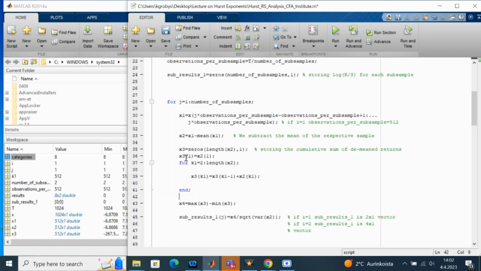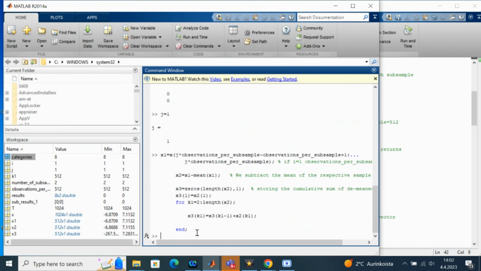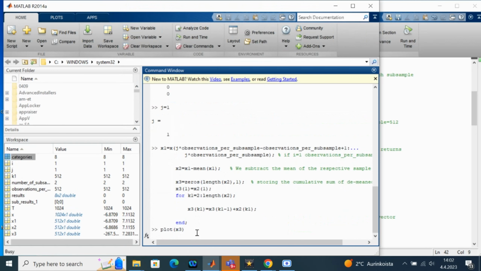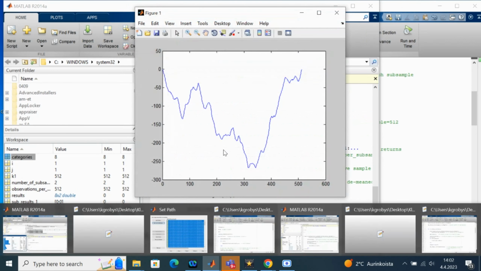So let's consider x3. Let's plot x3. So this is the cumulative return path for the first subsample, you see, with 512 observations. So obviously the rescaled range statistic is the maximum, which is here, and the minimum is here.